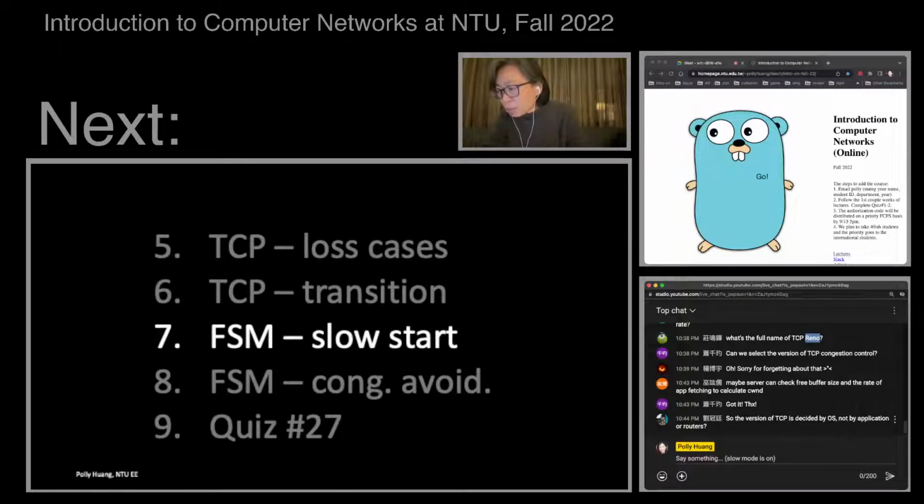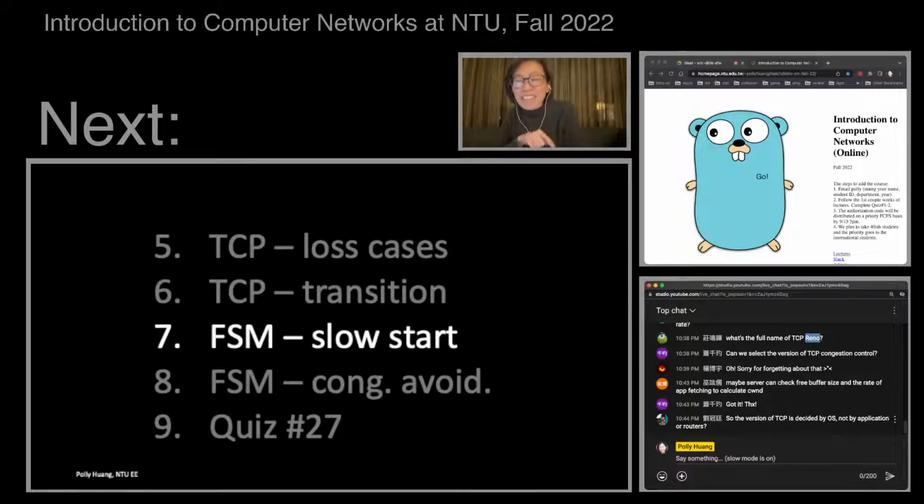Guanting was asking which version is definitely not by no, sorry. Exactly, you are right. So Guanting, it's not decided by us or application programmers. So in the user space, we don't get to choose anymore. If you recall in the socket programming assignments, all we can say is we want a TCP socket or UDP socket, and that's about it.